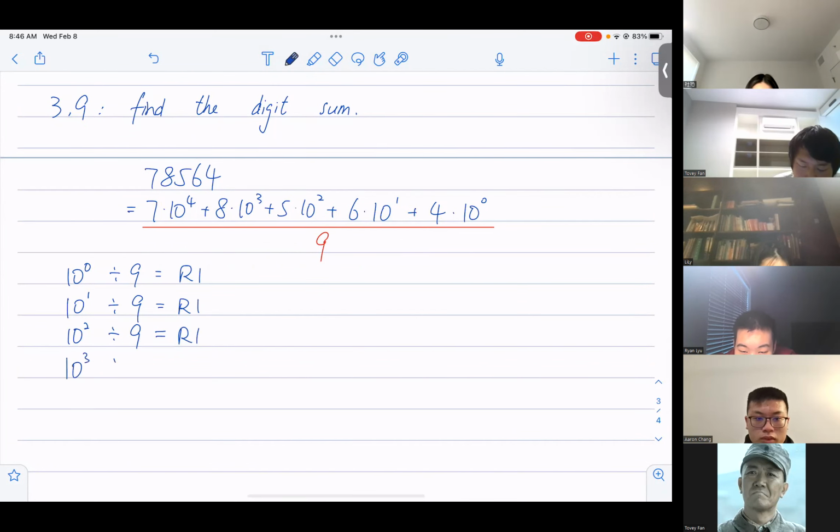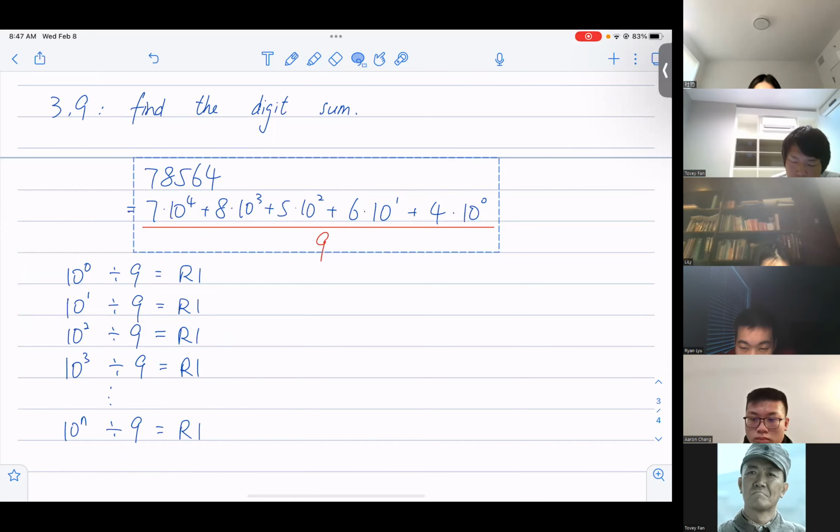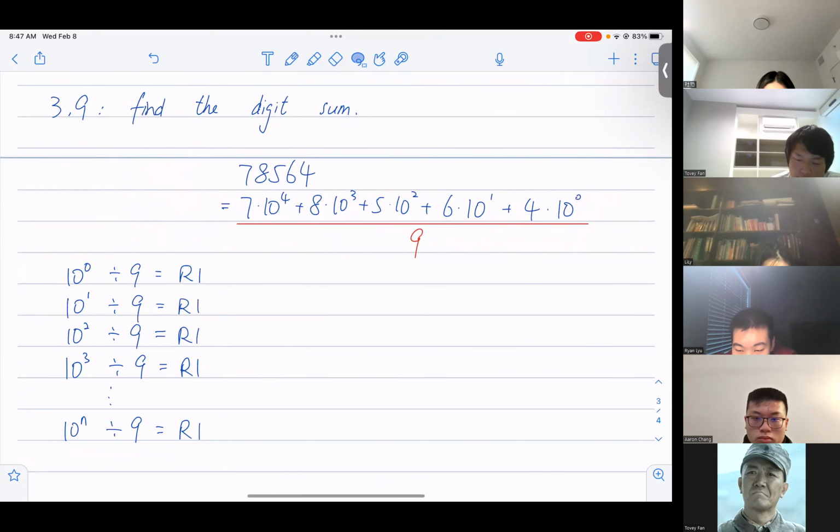And 10 cubed, 1,000 divided by 9, again you can get 999, so the remainder is always 1, you see? So for any power of 10, if you divide it by 9, the remainder is always 1, right?